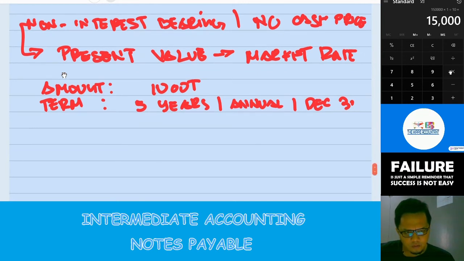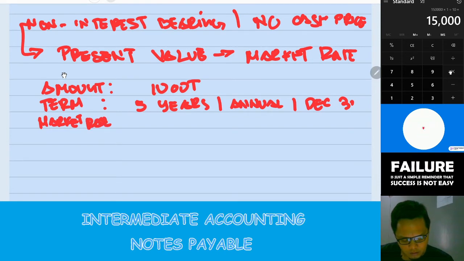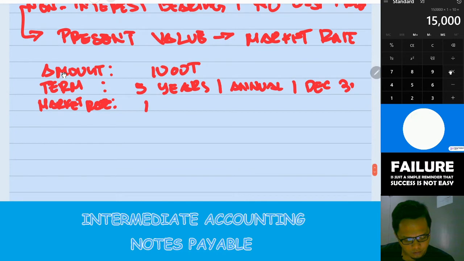So, ang existing financial instruments, like this one, typically has a market rate. Let's say, for example lang, ang market rate is 10%. Okay?